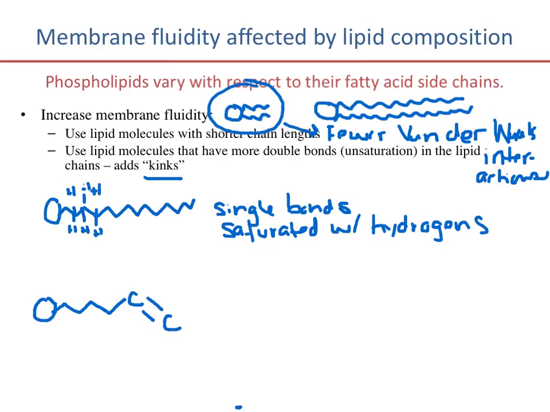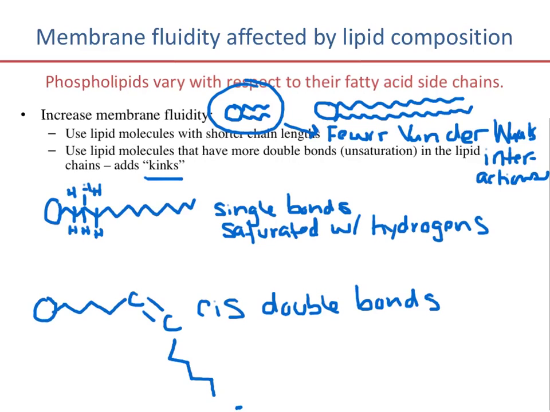And in the case of cis double bonds, it looks like that. So there's a cis double bond, and there are fewer hydrogens here because this carbon has 1, 2, 3 bonds, and there's only room for one more.